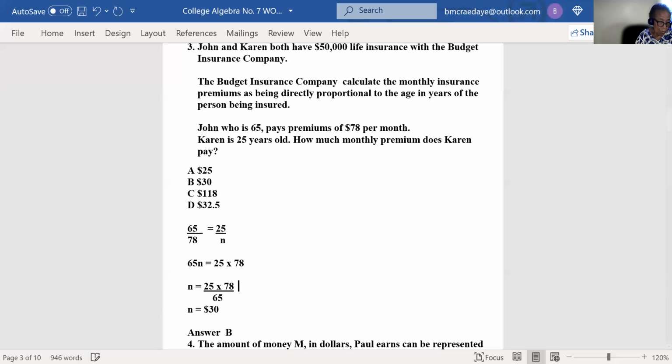So just put this here, equal 1950, and divide that by 65, and you get 30.